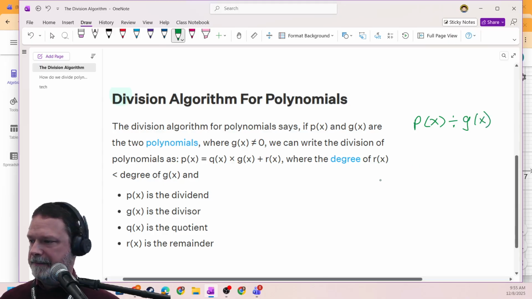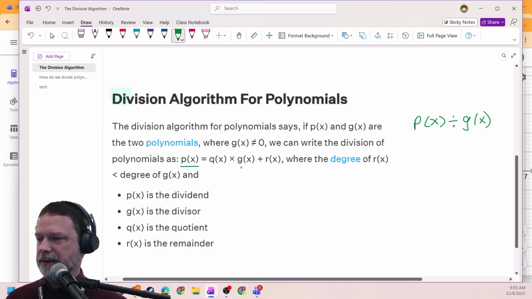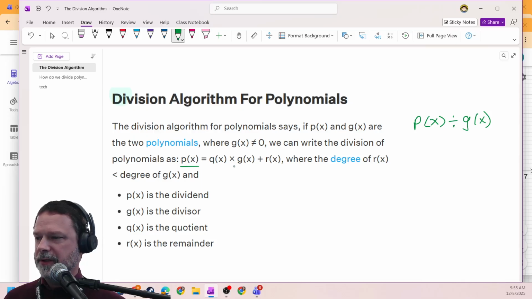What do you get? So p of x will equal g of x times q of x, so what we're dividing by times our quotient, plus our remainder, where the degree of r of x, the degree of our remainder, is less than the degree of what we were dividing by, our g of x. Okay?